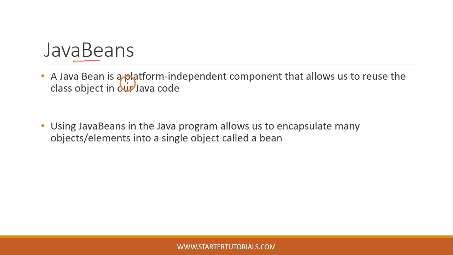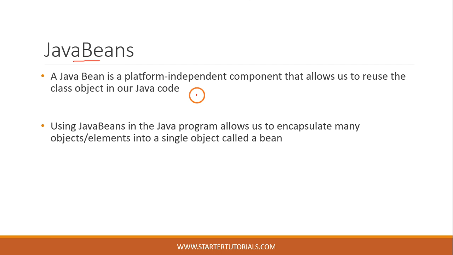You can think of a Java bean as simply a Java class that follows some conventions. All of you have already learned core Java, so you already came across how to create a Java class, right? It is the same as creating a Java class, but we will follow some conventions.